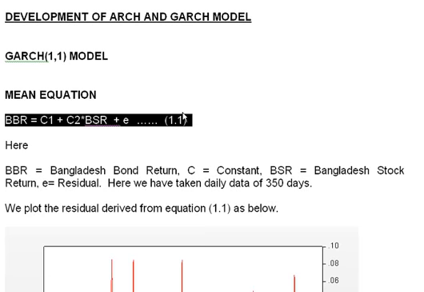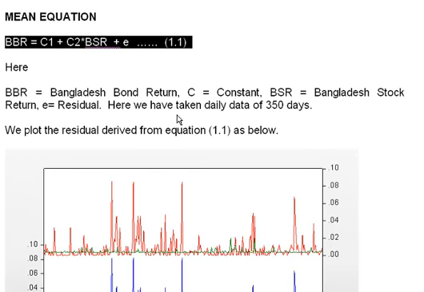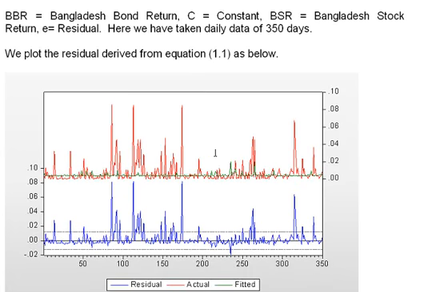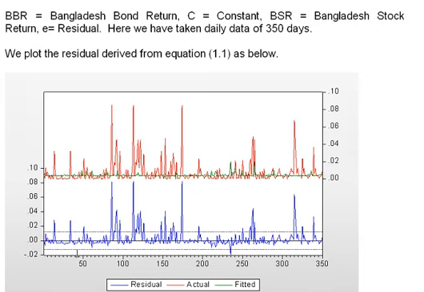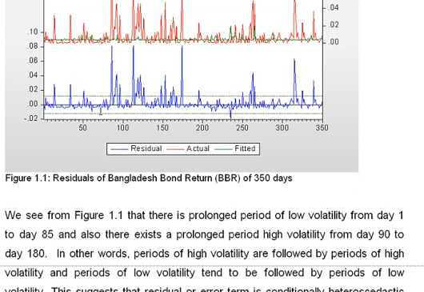After estimating mean model, equation 1.1, we have got the residual. And we have plotted the residual from equation 1.1 here. So this one actually is the residual from model 1.1.